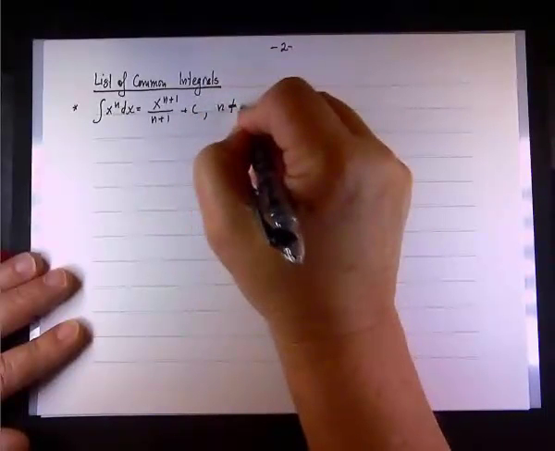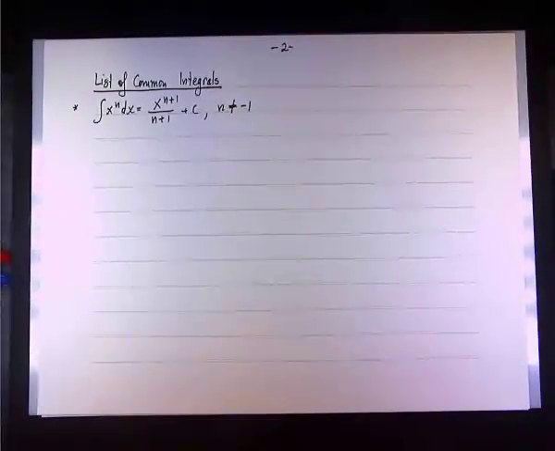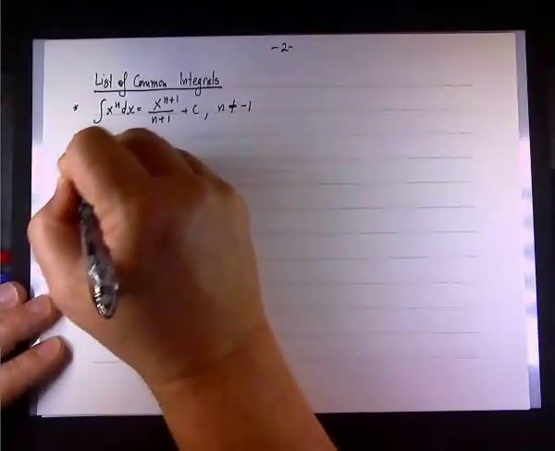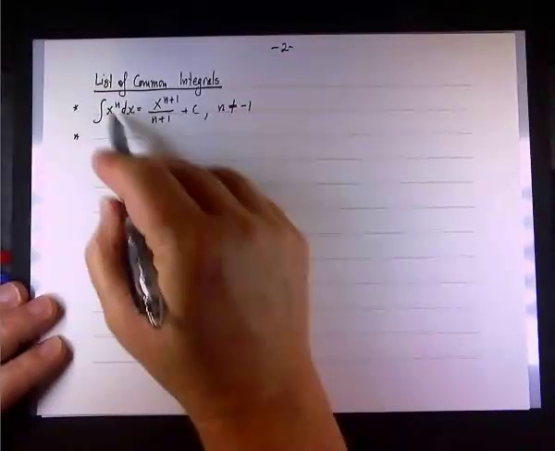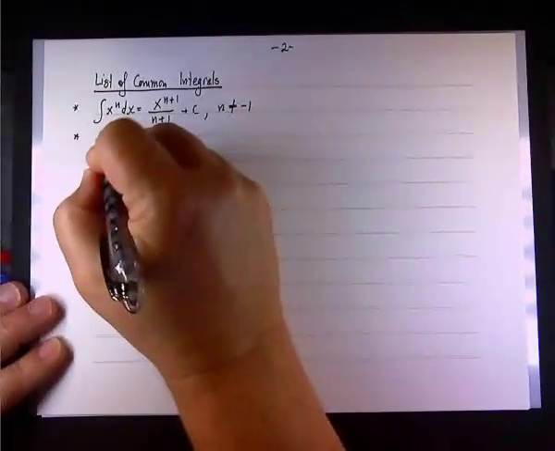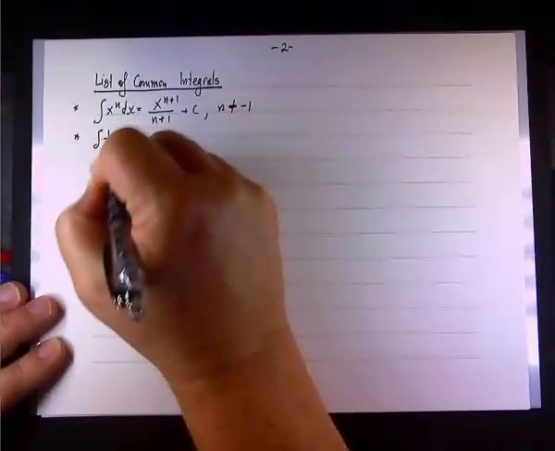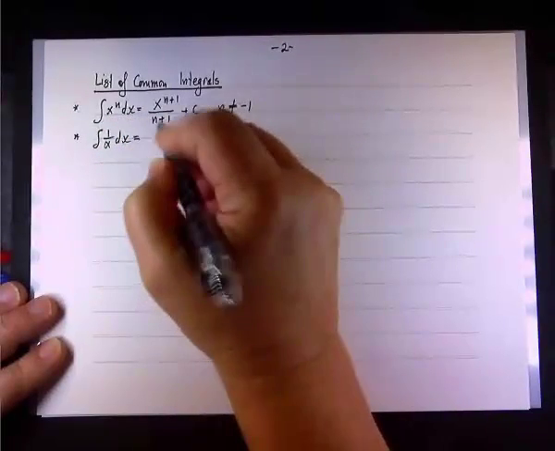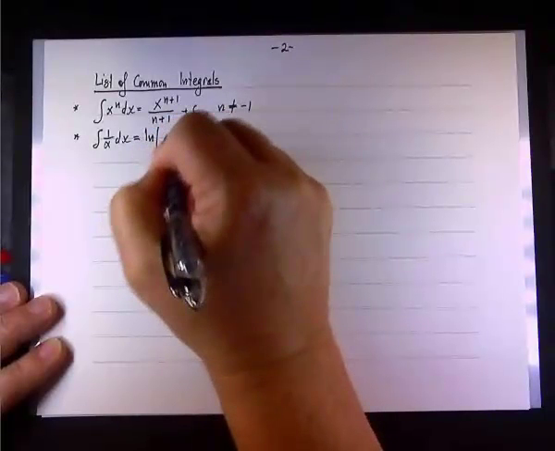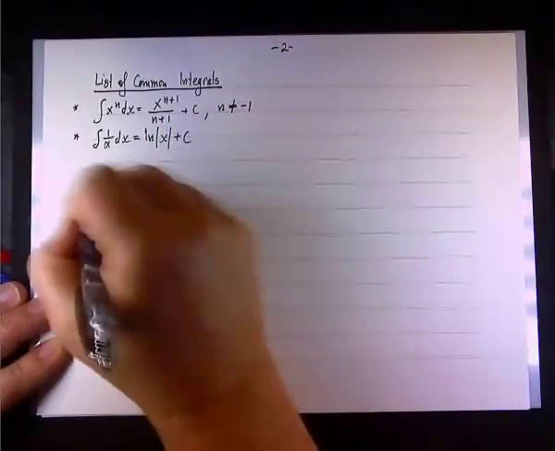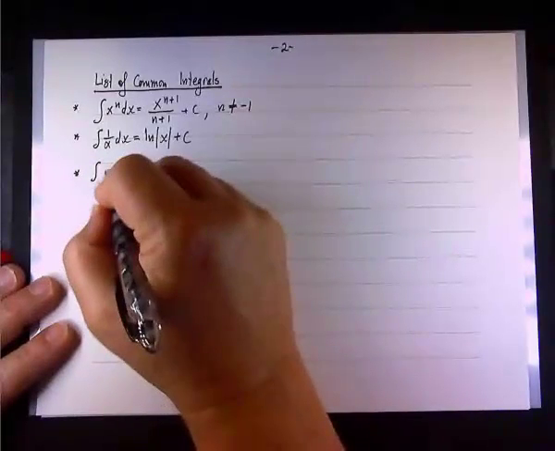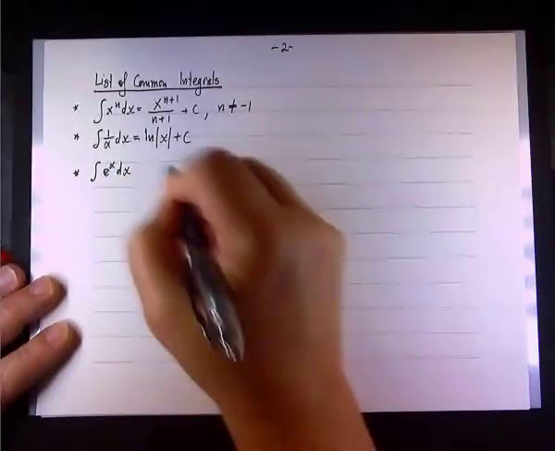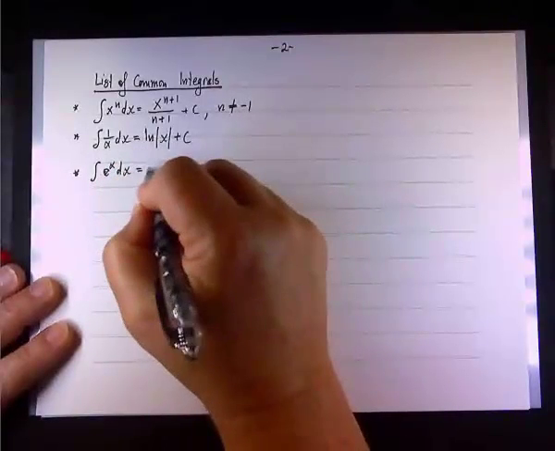The integral of x to the power of n dx equals x to the power of n plus 1 over n plus 1, plus c, provided that n is not equal to negative 1, right? Otherwise, we cannot do it. The second will be, what happens if n equals negative 1? So x to the negative 1 is 1 over x. So the integral of 1 over x dx, well, we know it's the natural log of the absolute value of x plus c.